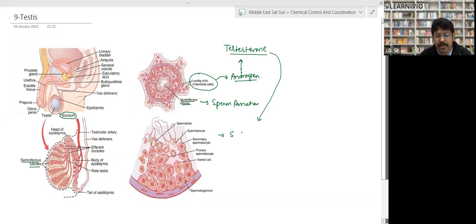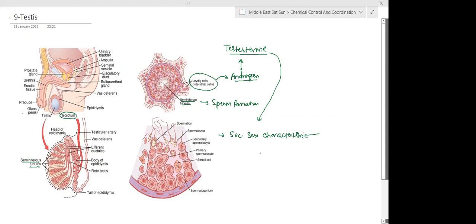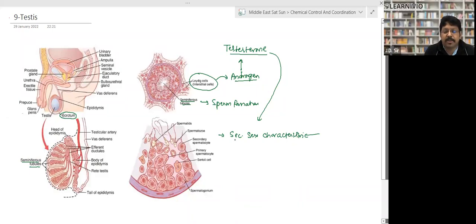I am repeating for the second time and nobody has answered. Atif? No idea. Inashi, Mazia, what are the secondary sex characteristics?